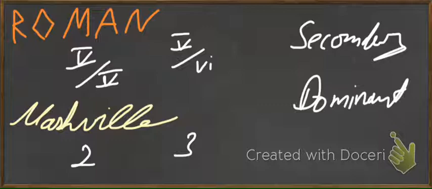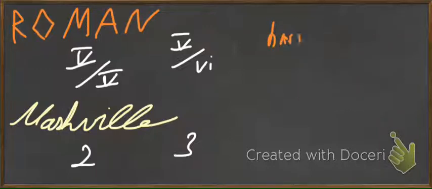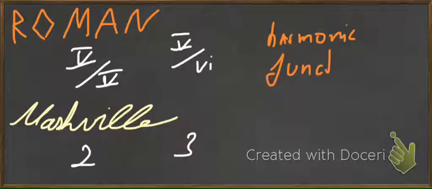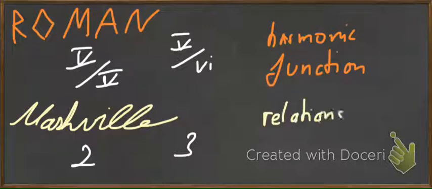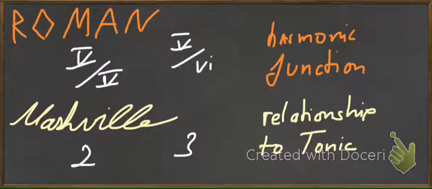But looking at this difference right here lets us see the main philosophical difference between Roman and Nashville. Roman numerals are harmonically functional, while Nashville numbers look at the relationship to the tonic. Roman numerals look for the harmonic function of the chord.